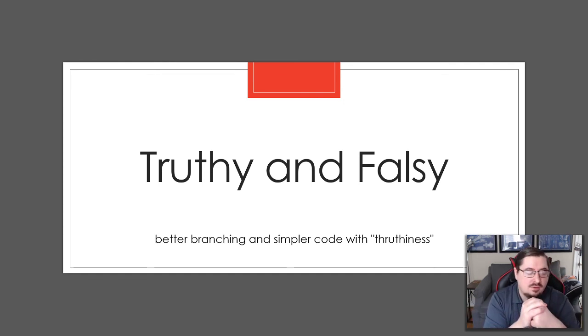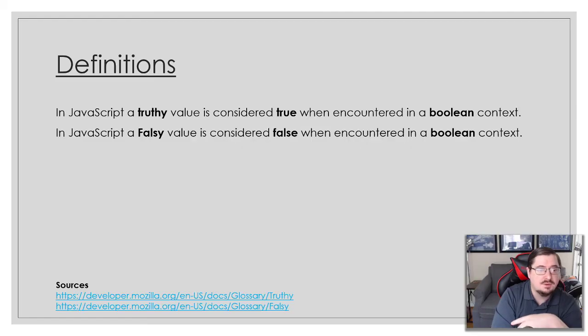Or if I multiply the string 12 and the string 34, that can't be done with strings, so they'll both get converted to numbers, and then the operation will happen with them both being numbers. So one of the things that can happen with those type conversions is that your values can also be automatically converted to booleans, and that's what we're talking about here. How does that work, how do values implicitly get converted from whatever type they are to booleans, which commonly occurs when we use them in if statements. Okay.